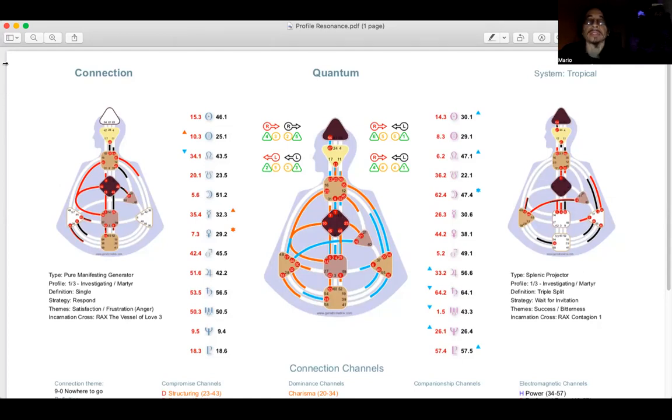And that is the 1-3 profile. And so there'll be a similarity in the way they live their lives, what they're looking to do with their knowledge, with their understanding, with their talents, what they're bringing to others.